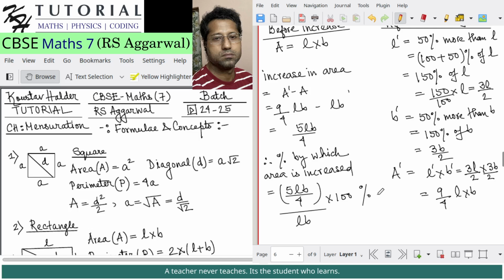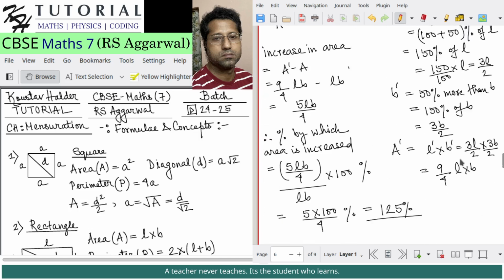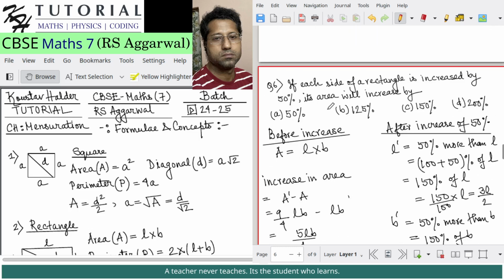LB will get cancelled out. We will have 5 multiplied by 100 divided by 4, which is equal to 125 percent. 100 divided by 4 is 25, and 25 multiplied by 5 is 125. So there is an increase of 125% of the area. Hence the correct choice is choice B.